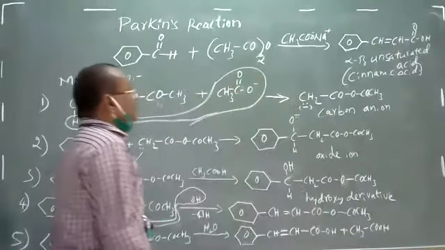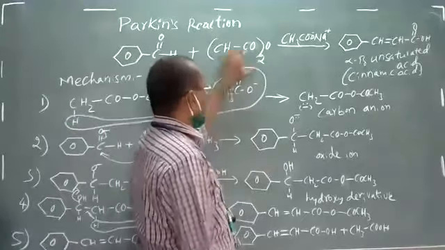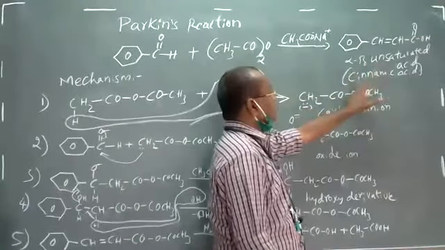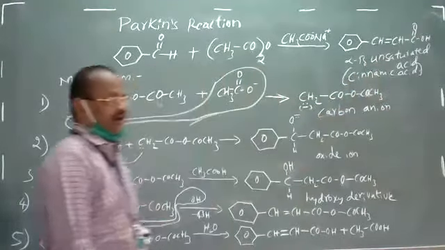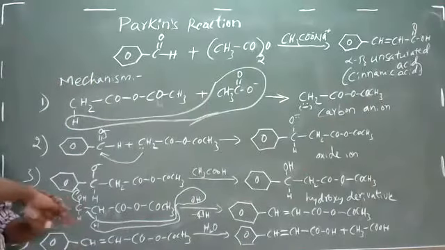So ultimately benzaldehyde reacts with acetic anhydride to form an alpha beta unsaturated acid, that is cinnamic acid. This is the Perkin reaction.